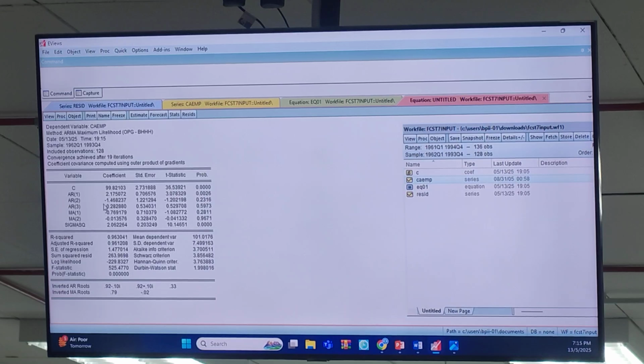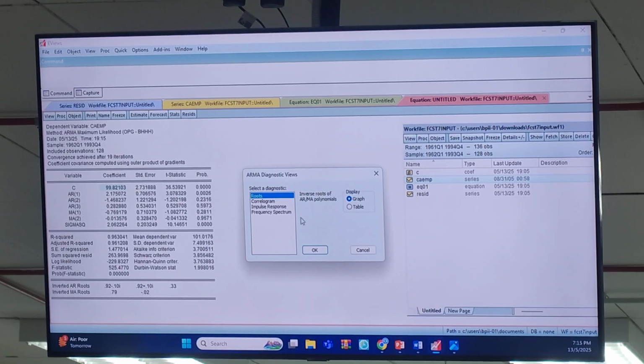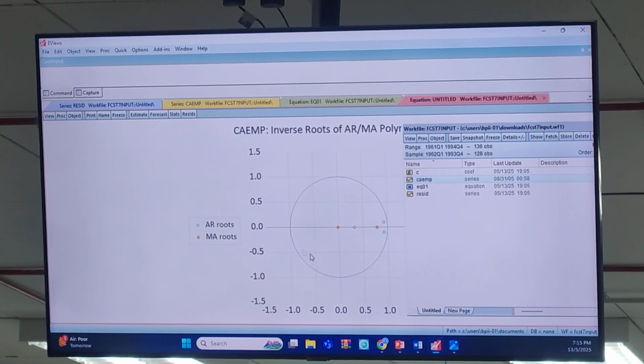So you get the estimates of phi1, phi2, phi3, theta1, theta2, and the estimate for the mean mu, and then you check the ARMA structure, all inside. So it is invertible as well as stationary. Estimated process, residual.